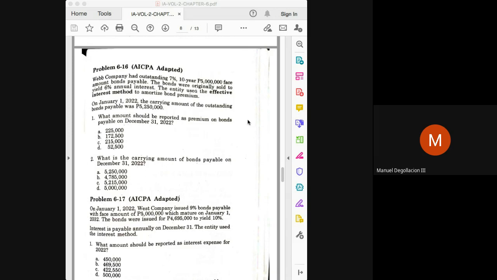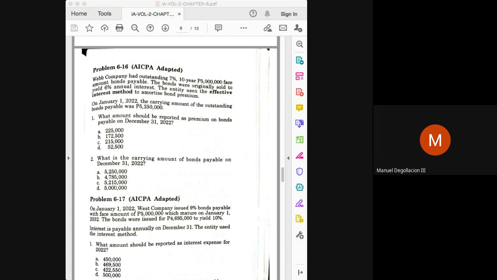If ever you're asked how much is the interest expense for this problem in the year 2022, all we have to do is multiply 5,250,000 by the effective interest rate. And again, the effective interest rate here is 6%, and our initial carrying amount is 5,250,000.